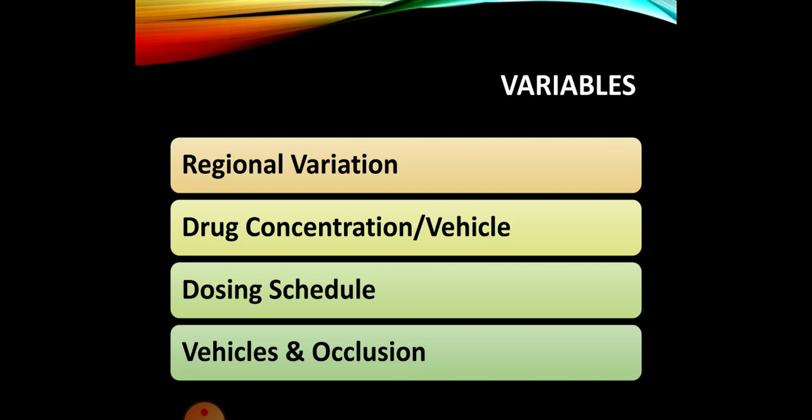Then comes occlusion. If you occlude a particular part, if you're using some kind of polythene or plastic packet after giving steroids, it will be absorbed better, but you always have to remember that it has its pros and cons. That means occlusion will give rise to greater absorption, so the effect will be better.